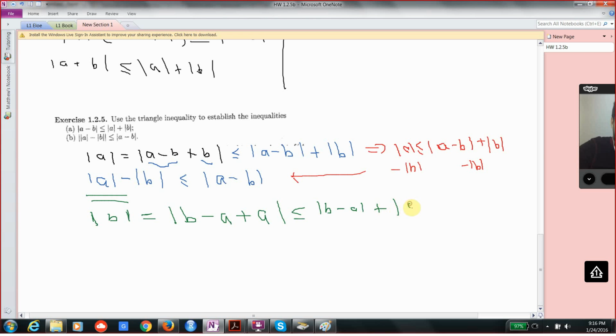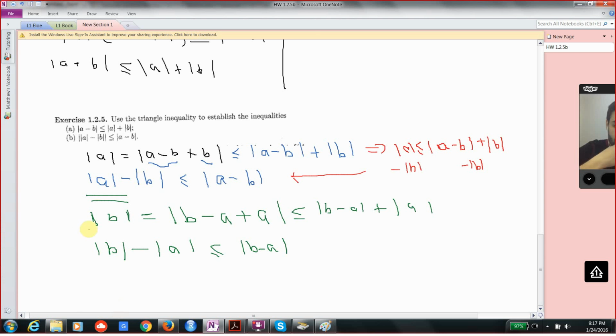Good. And now I'm going to subtract the absolute value of A from both sides. So now I'm going to get this, less than or equal to B minus A. Now notice something.